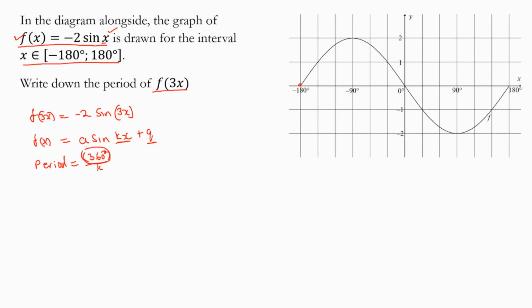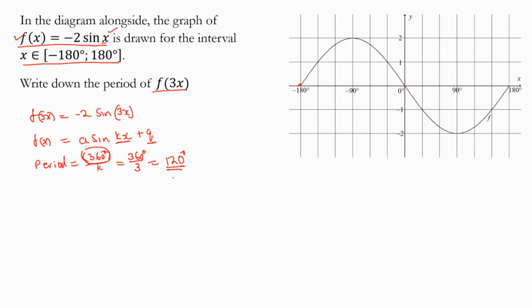It's not 360 for all the graphs. Let's say the period of the graph is 180 degrees, then you're going to put 180 there. Now it becomes 360 degrees divided by k. Our k is 3. So it's 360 degrees divided by 3, which is 120 degrees.